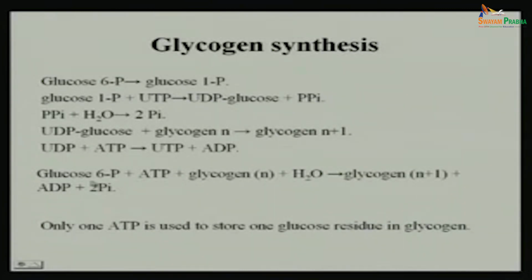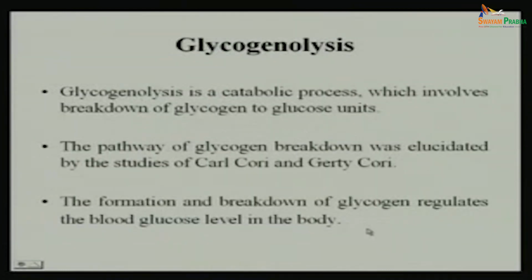Glucose 6-phosphate plus ATP plus glycogen n plus water gives rise to glycogen n+1 plus ADP plus 2 Pi. Only one ATP is used to store one glucose residue in glycogen. So, this is the glycogen synthesis in the cell.